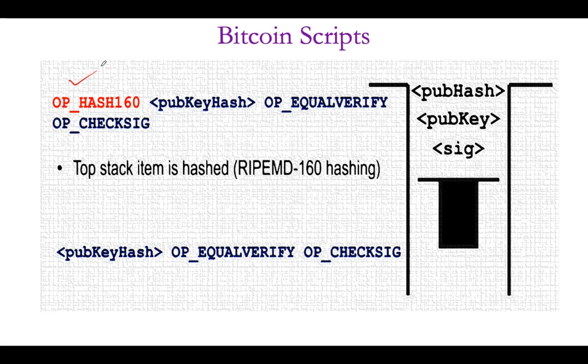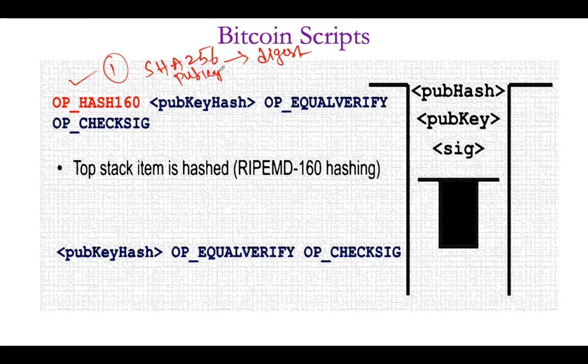Now, how is the hash function performing? It does two operations. First, this public key is hashed with SHA-256, which gives a digest. The input of the first hash is the public key.